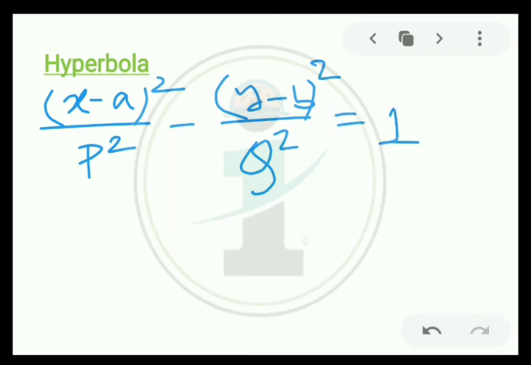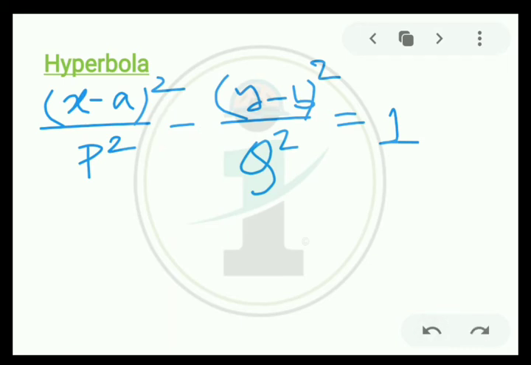So this is the simplest equation for hyperbola. Here you can see the only difference of this equation from the ellipse is this minus sign.